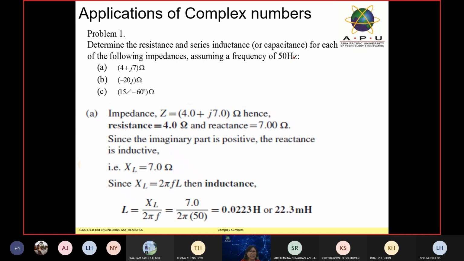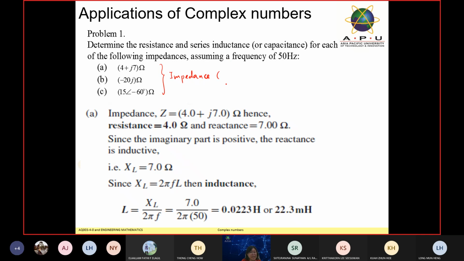When you look at here, all the complex numbers given are impedances. An impedance is a combination of the resistance and also the reactance, so we can express them as complex numbers.